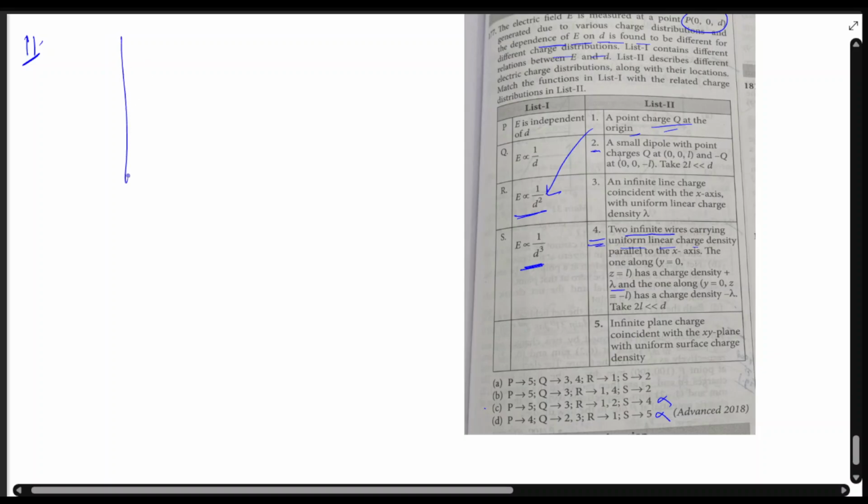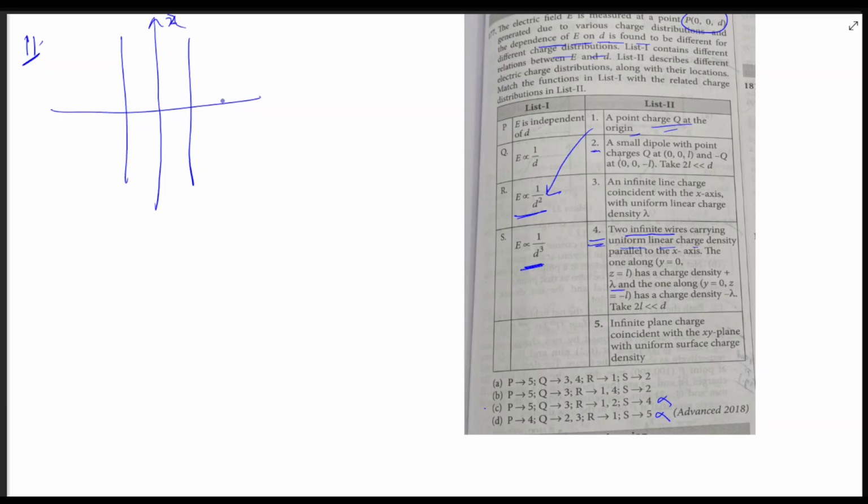Okay, so we have these two wires. This is our x-axis. This is our z-axis. Now, this is L, this is L. Let's say D here.